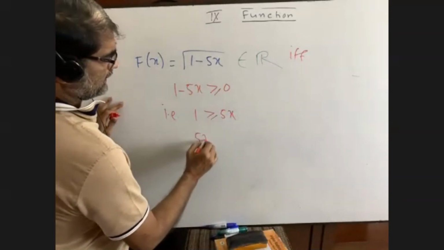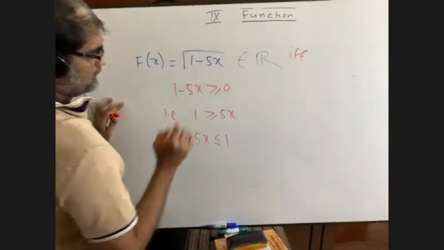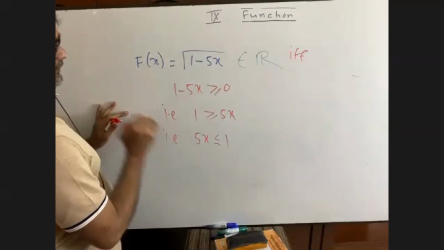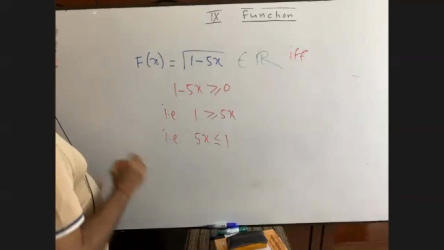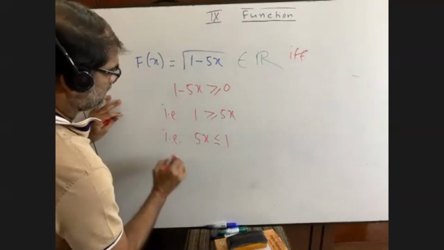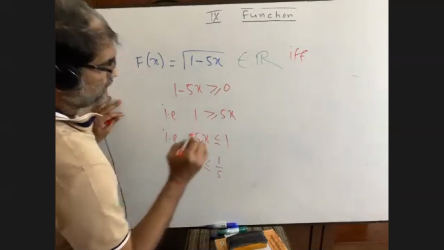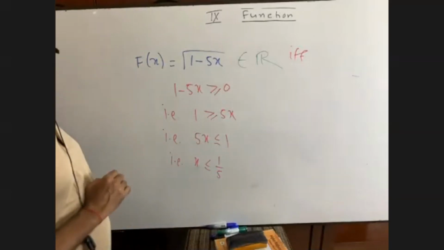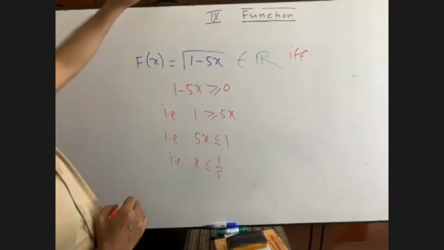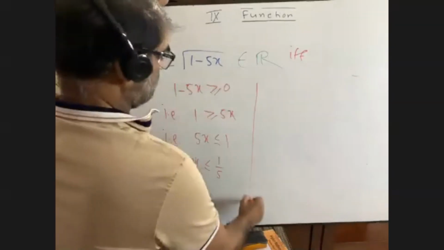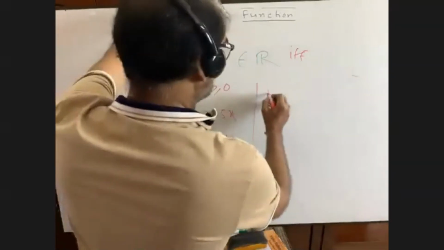From here we can write 5x is less than or equal to 1, so x is less than or equal to 1 by 5. We are getting 1 by 5. So we can write down here the domain.